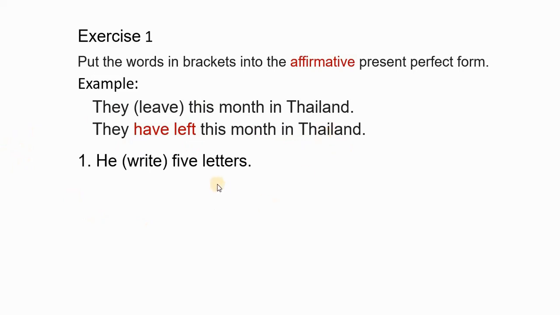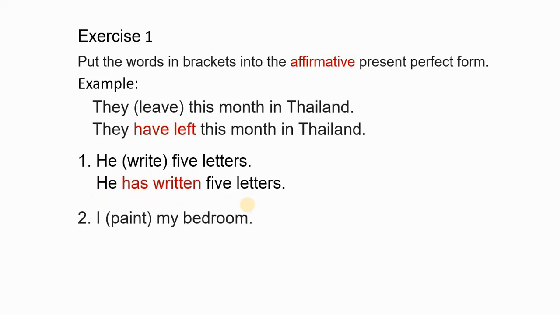I will give you a couple of seconds, and if you still need some time, you can pause the video. So question number 1. Answer: he has written 5 letters. Question number 2. Answer: I have painted my bedroom.